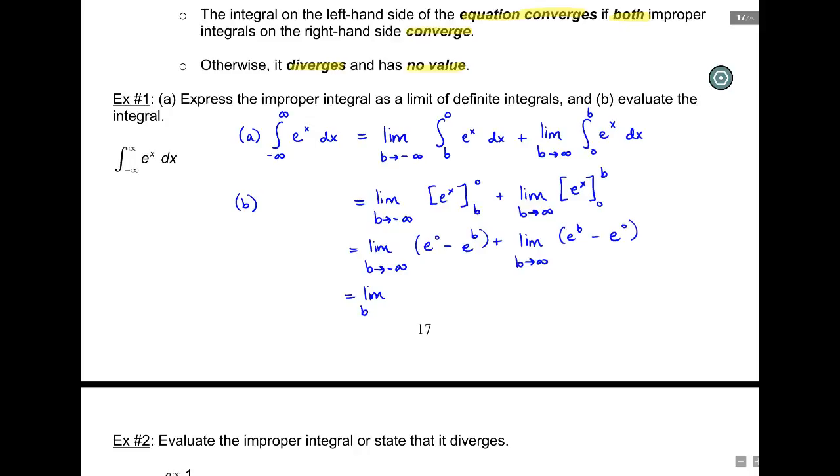I can actually change this to b approaching positive infinity, and then this becomes 1 over e to the b, plus the limit as b approaches infinity of e to the b minus 1. So we get 1 minus 0 plus infinity, basically minus 1, which equals infinity. Therefore, it diverges. I think the second part diverged.